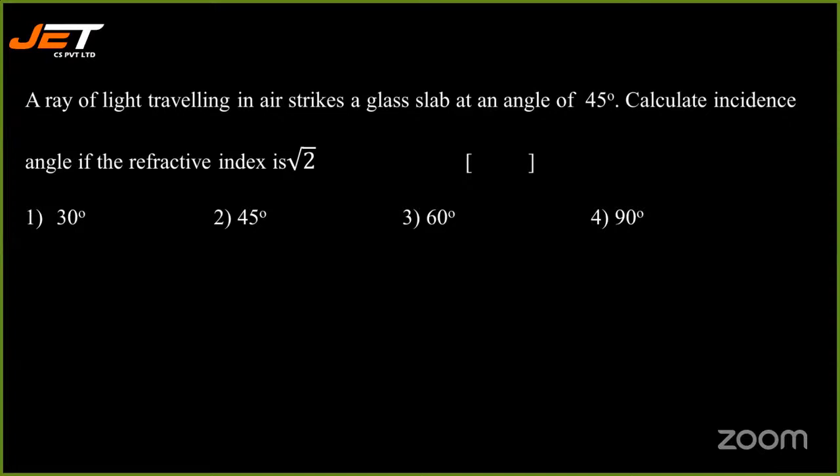Because it is 1, it will be √2 by 1 is equal to sin i by sin 45. Simple, right? What is sin i? We have to find out what is sin i. And what is sin r? Sin r will be sin 45. What is the answer for sin 45? Sin 45 is equal to 1 by.